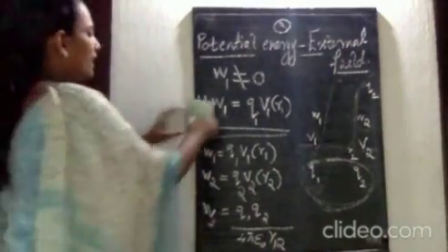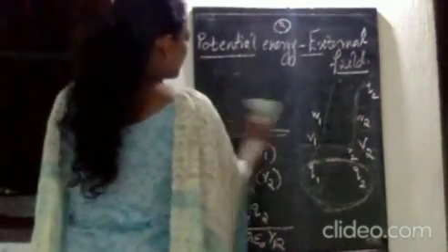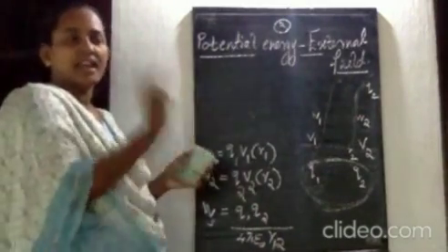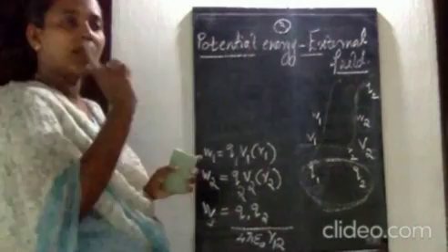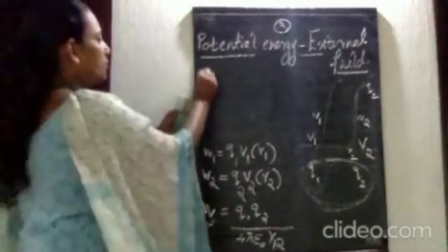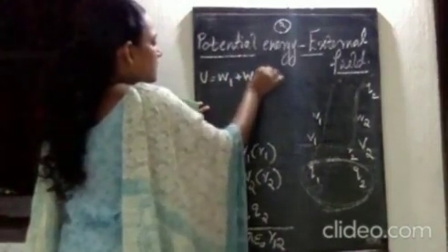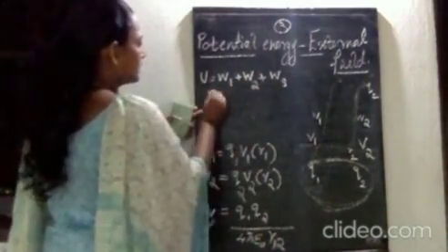So, if you get a question to write the expression for potential energy of a system of 2 point charges in the presence of an external field, how can you write the expression? That is U. U equal to what? U equal to W1 plus W2 plus W3. So, what is W1?